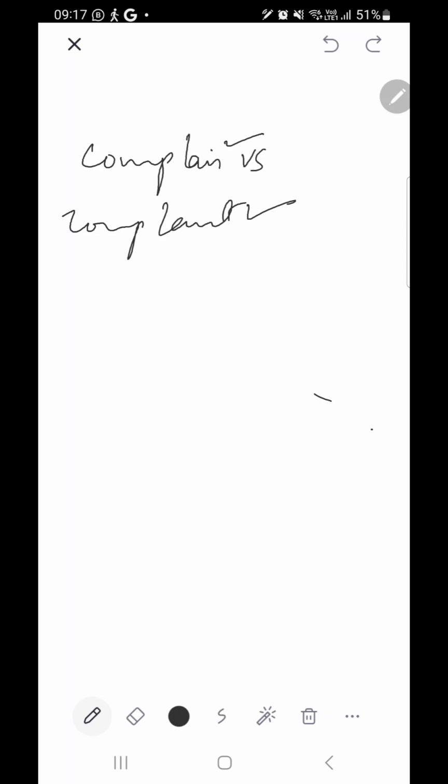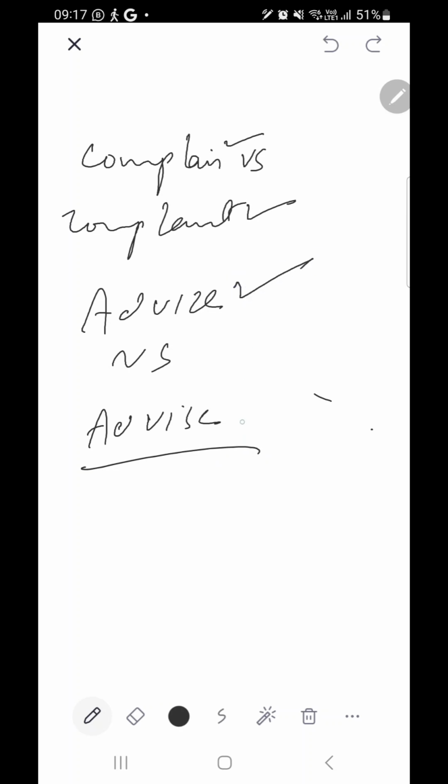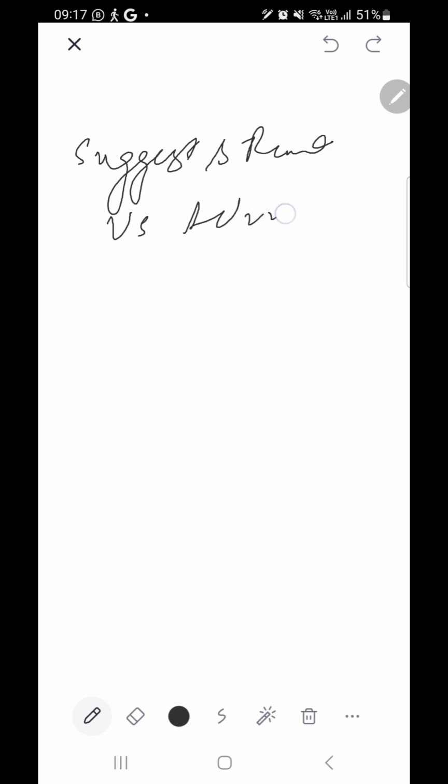Similarly, we'll go for advice and advise, let's say, advice versus advise. One is a noun, one is a verb. Same rule for that. And we have to use suggest and recommend versus advise.